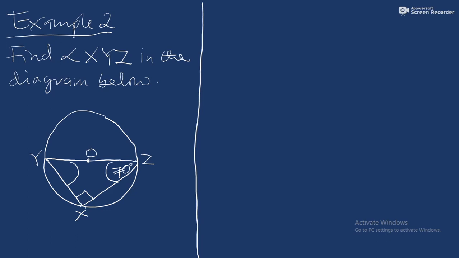Okay, so let's see whether what you have done is the actual answer. So let's look at the solution. As we said, we have to observe and see whether the property that we just learned is in the diagram.